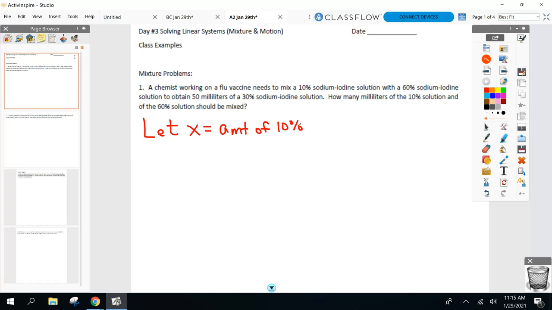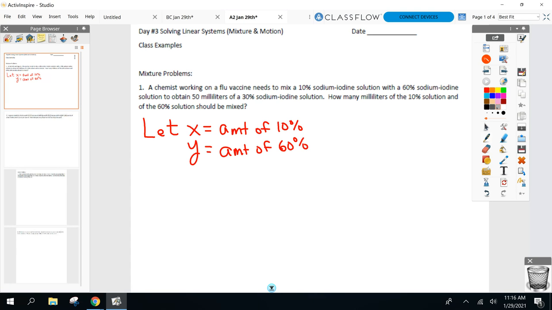Stay away from o. And then y for me will be the other type of solution, which is the 60%. So x is how much of the 10% I'm going to need, and y is going to be how much of the 60%. All right, so let's build these 2 equations right now.